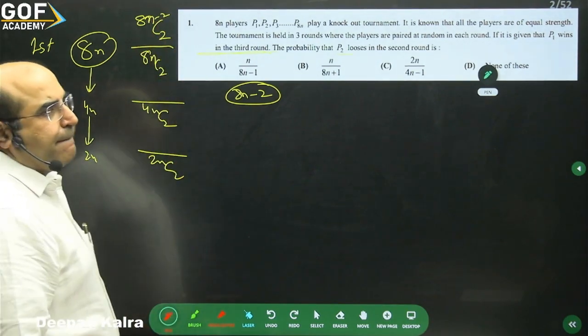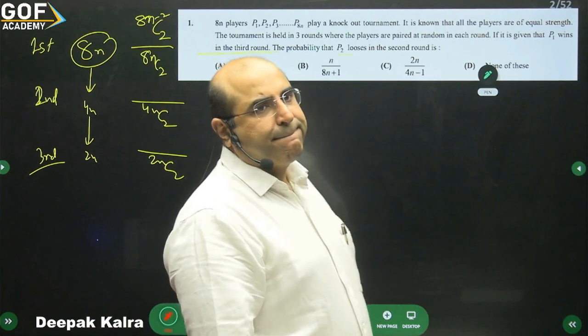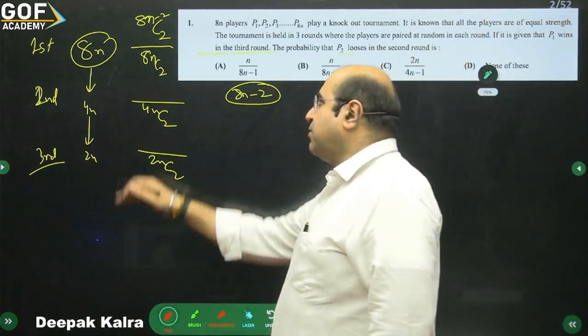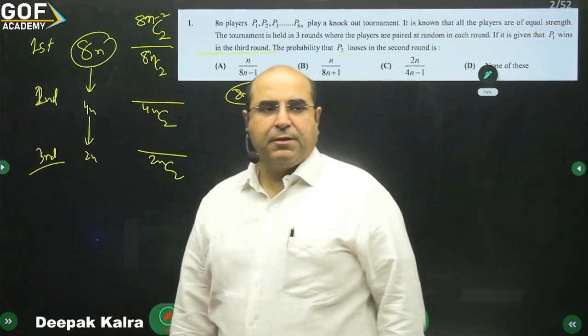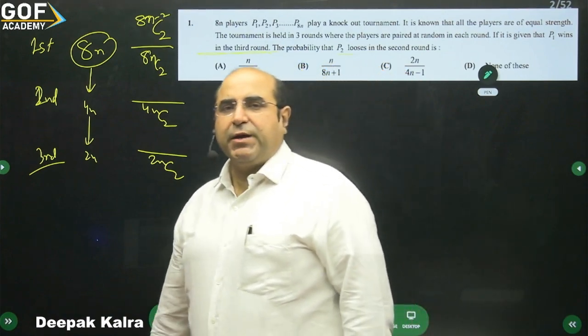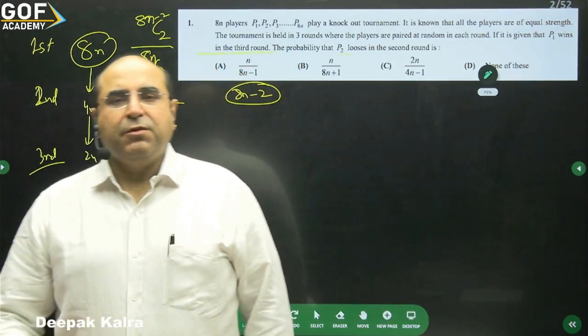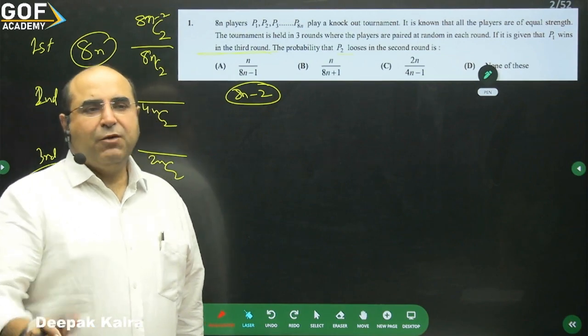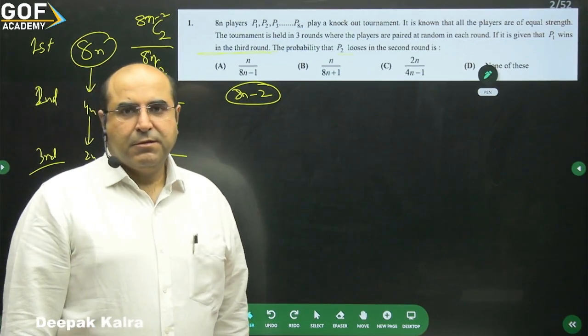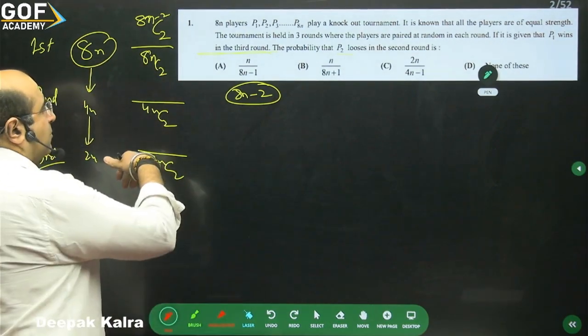This is okay. Then we reach the second round game. When you reach the second round game, P2 will be playing it and losing it. But P1 will continue.